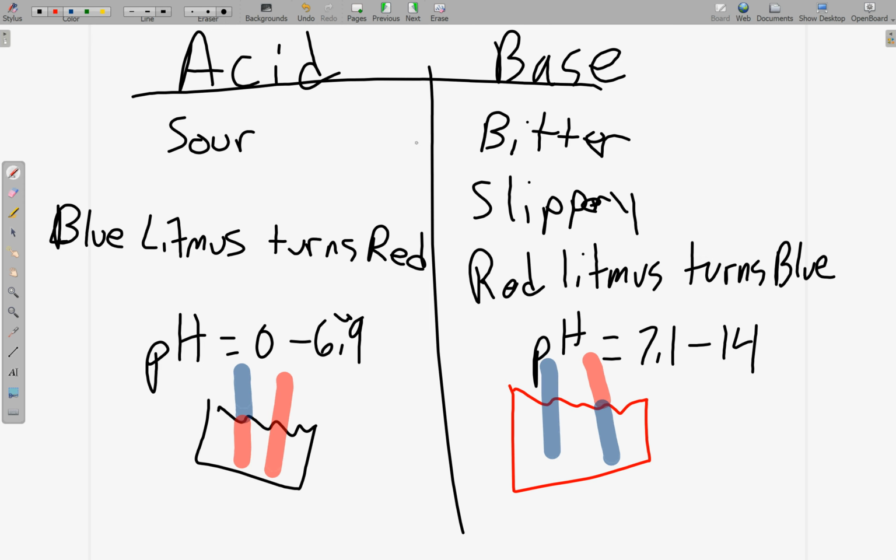So if bases turn blue, then it must be red litmus that turns blue in a base. And if red turns blue in a base, then blue must turn red in an acid. So I remember this, and because I remember this, then I know this. I can figure that out if I have to.